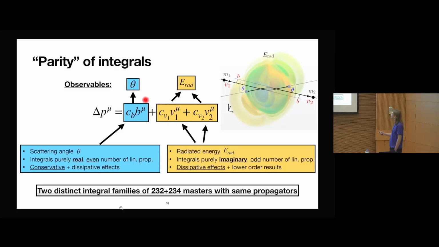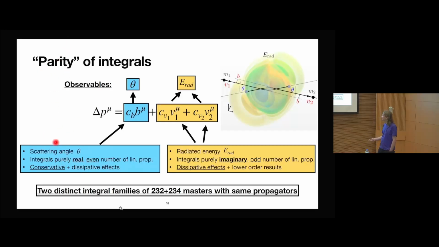If we look at the coefficients coupling to the impact parameter, these terms will give us in the end the scattering angle. If we look at the integrals appearing here, the integrals are purely real and have an even number of linear propagators. We often refer to this also as even parity of integrals.